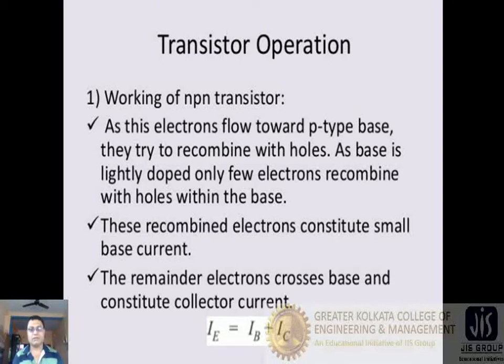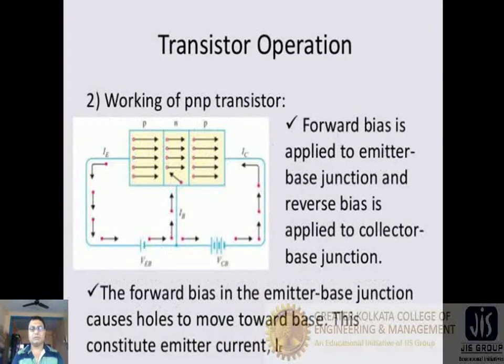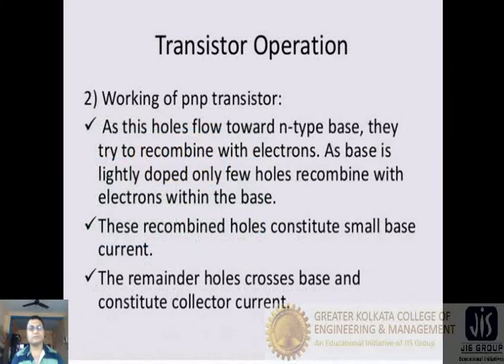These recombined electrons constitute a small base current. The remaining electrons cross the base and constitute the collector current. That means IE equals IB plus IC. The forward bias is applied to the emitter base junction and the reverse bias is applied to the collector junction. This is the most important thing in the operation of a transistor.